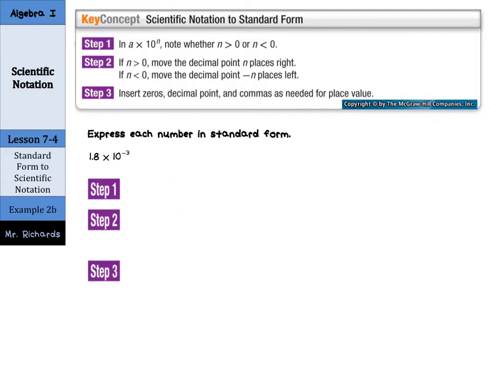Now we have 1.8 times 10 to the negative third. Well, it's still good to note here that we have a negative 3. So when we go to rewrite this number, 1.8, since n is less than 0, we're going to move the decimal point that many spaces to the left.